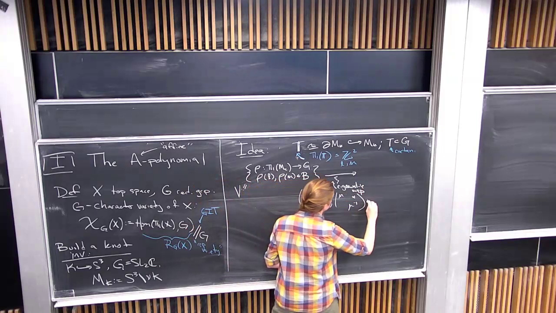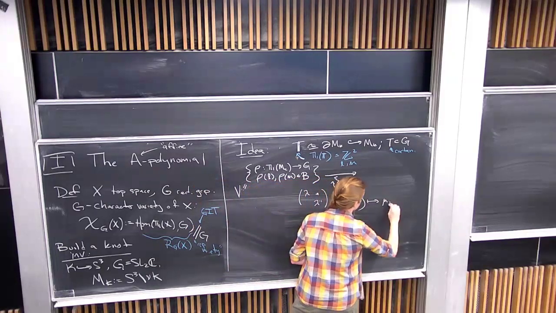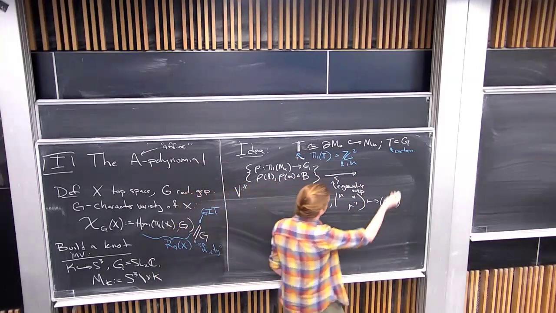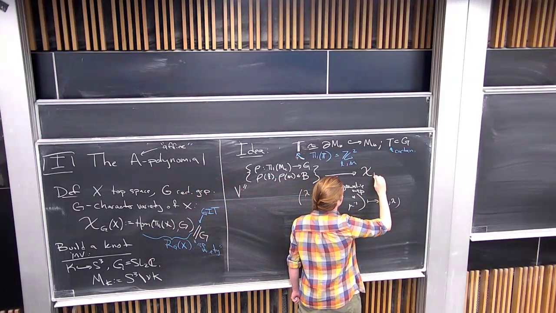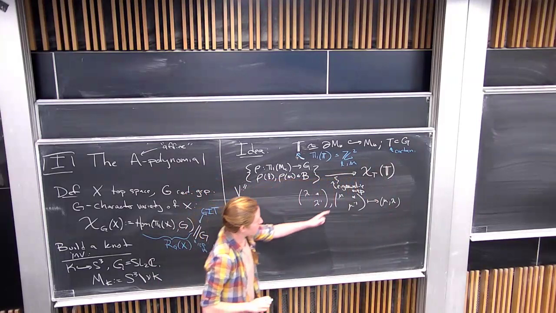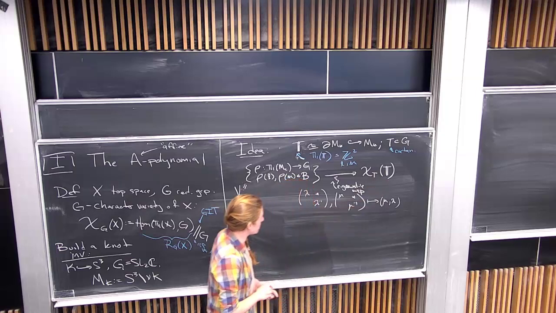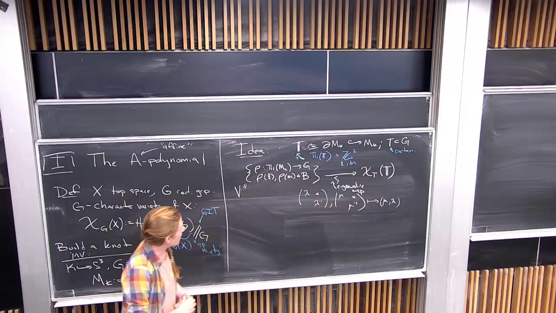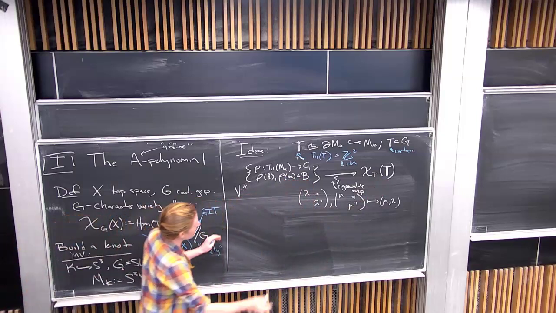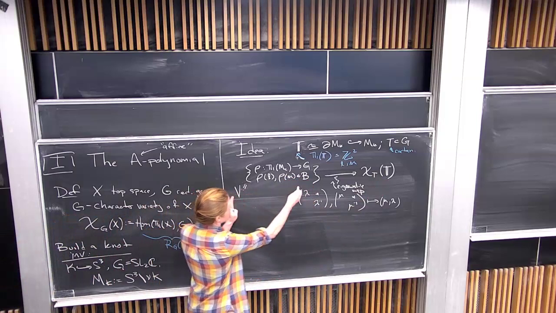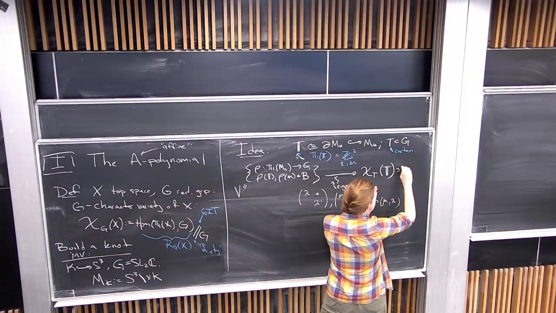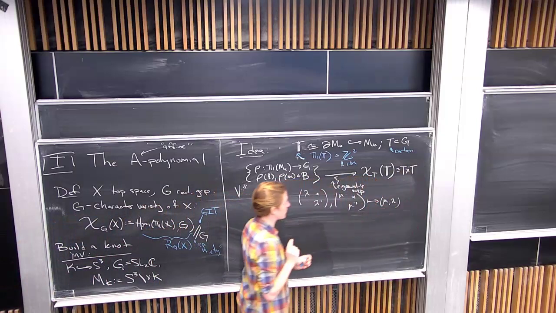What this map does is send me to the top eigenvalue, and I'm going to think of this as landing in the Cartan character variety of my torus. So now I have two t's, they're different. I've shoved this space into something significantly simpler. This here looks like t cross t.